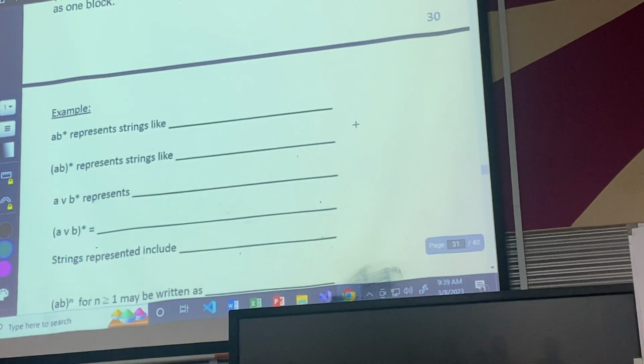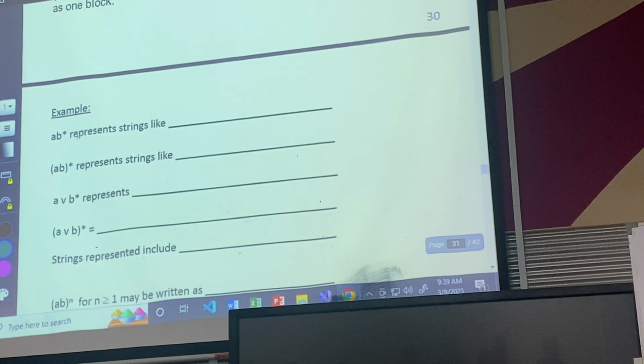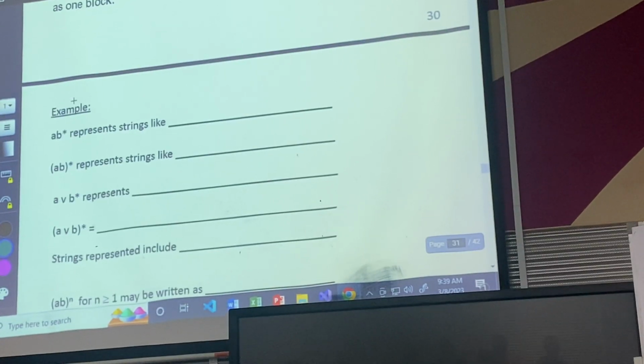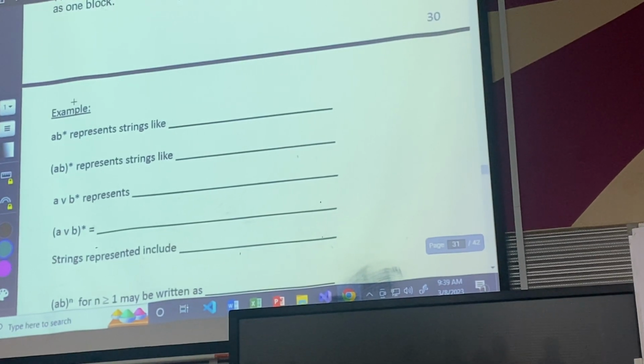So look at this example. A, B asterisk as string. What are the possible strings we can have if we have A, B asterisk as the expression? Can you give me some of the strings? What is the shortest one?